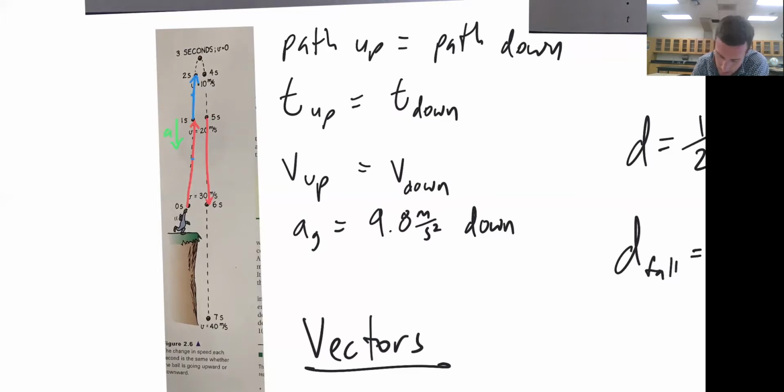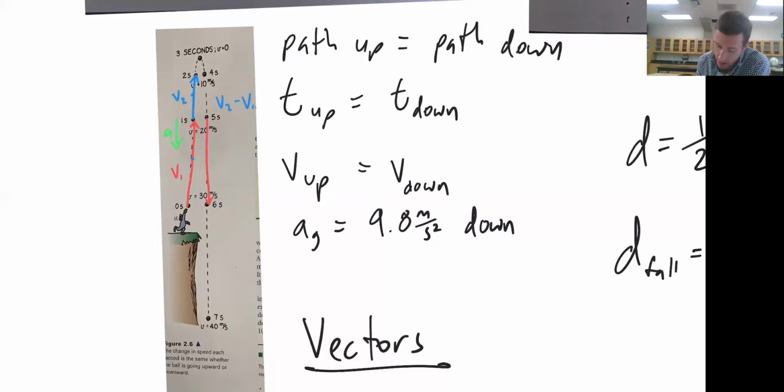This would be my velocity at the first section, and this would be my velocity at the second section. If I did velocity 2 minus velocity 1, I would see that the change in those velocities is downwards. It's negative. So it's 9.8 meters per second squared down.